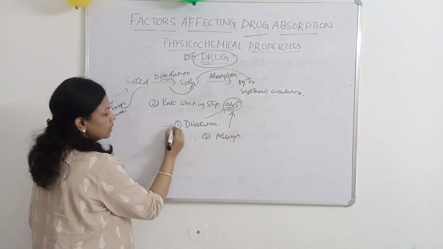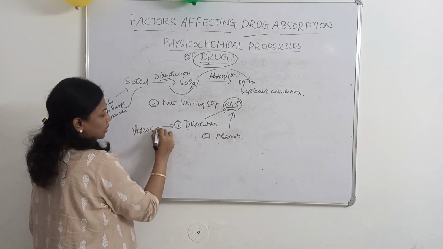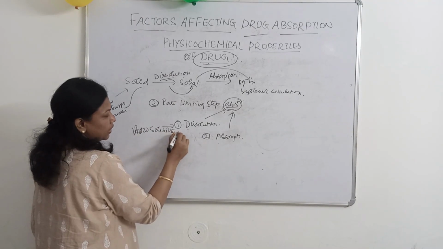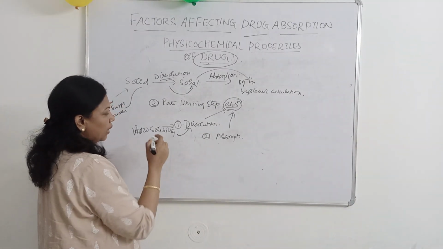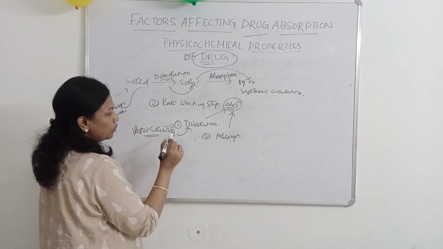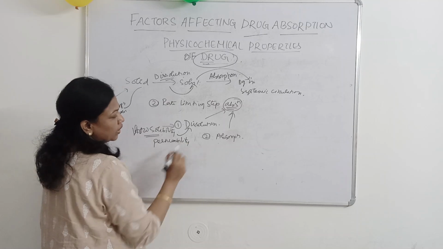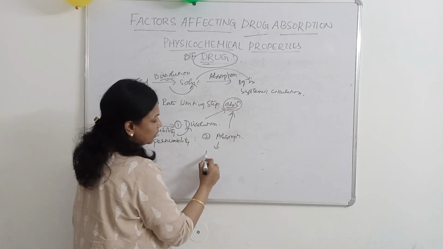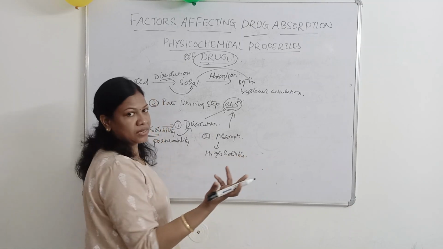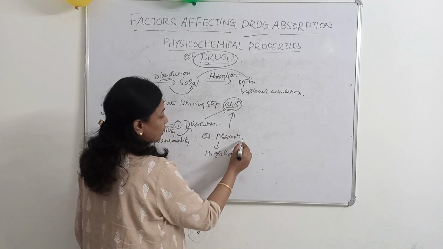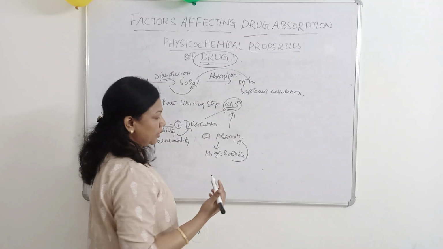Dissolution will be rate limited when the drug has low solubility. When the drug has low solubility, the dissolution of the drug will get delayed, and the drug with low solubility has high permeability because it is lipophilic in nature, whereas the drug with high solubility may dissolve faster, but as it is hydrophilic in nature, it may not permeate through the membrane.